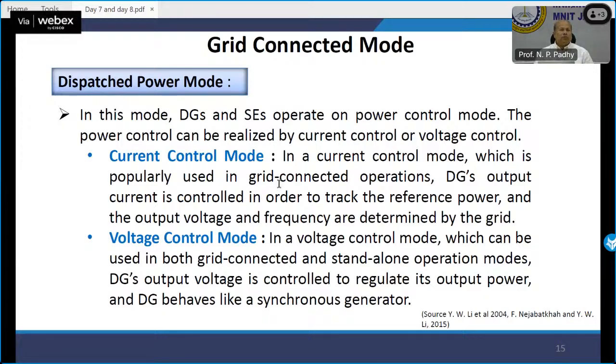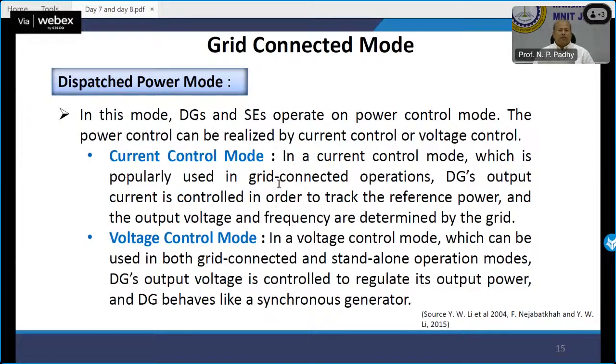The power control mode can be realized with two different control strategies. One is current control, the other is voltage control. I request everyone to take notes, just keep on breaking into different categories, okay? So one is current control mode and the other is voltage control mode.